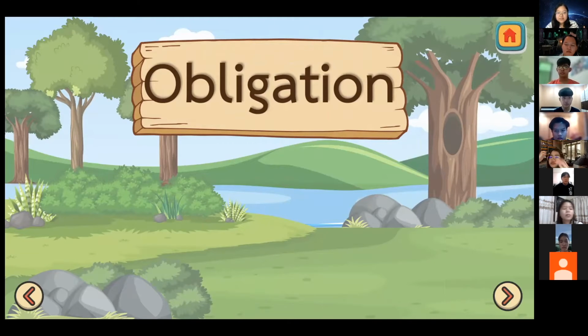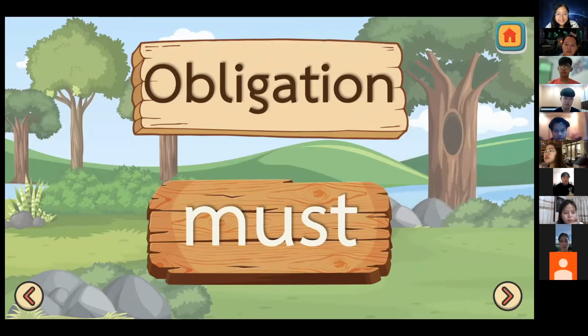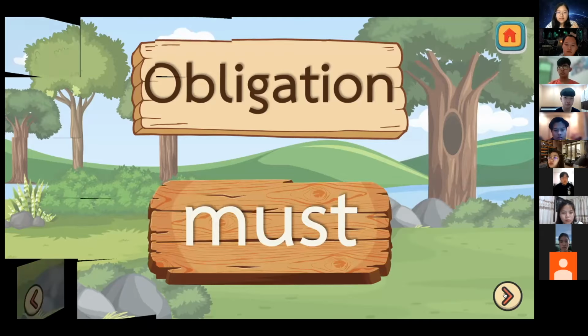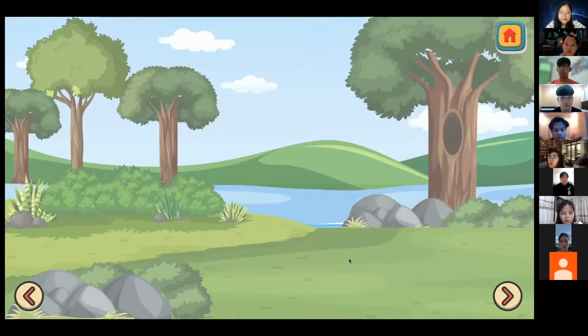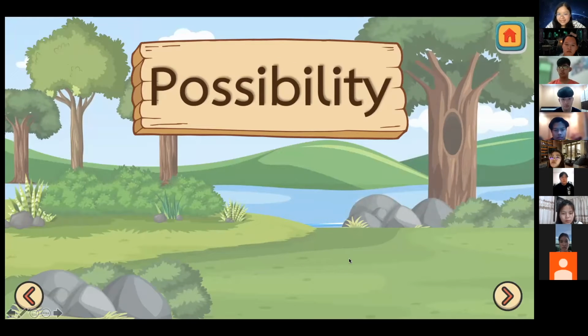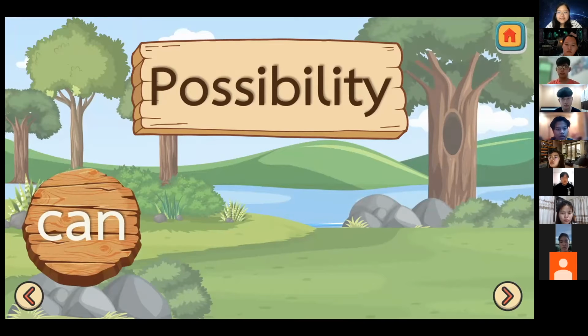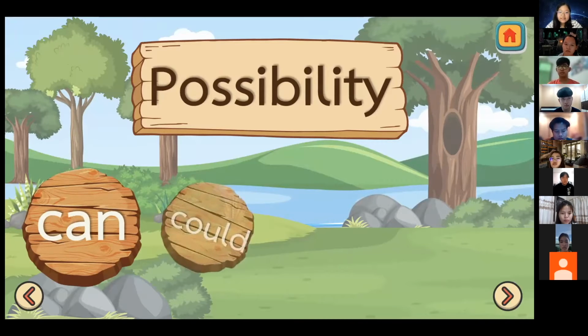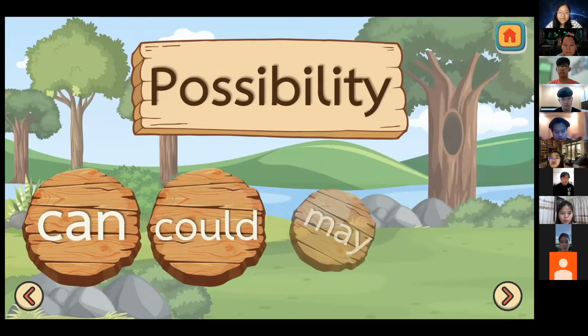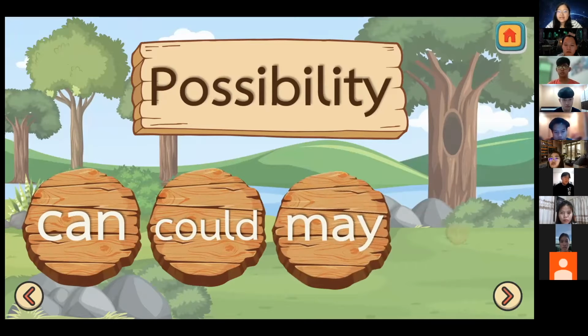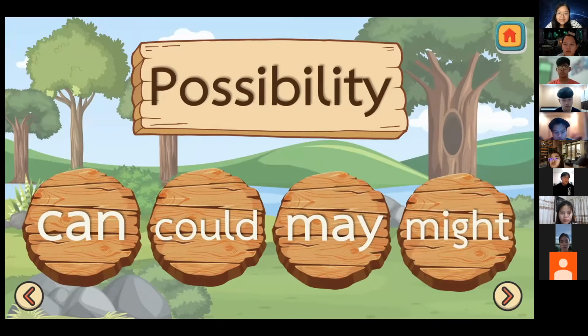You can use the word must. Next is possibility. When you talk about possibility, you can use can, could, may, and might.